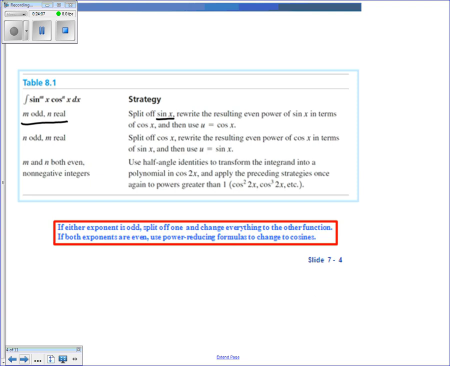So if you break off that single sine over at the side, the exponent is going to end up being m minus 1, but this will be an even power, which you can then turn into cosines. So your du will have a sine in it, but your u will actually be a cosine.